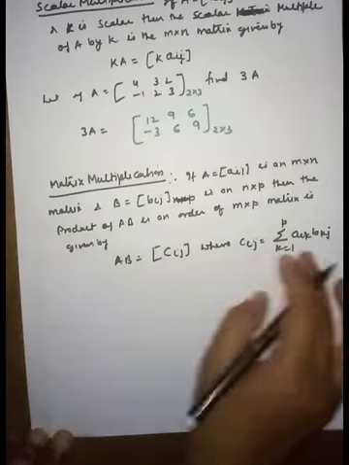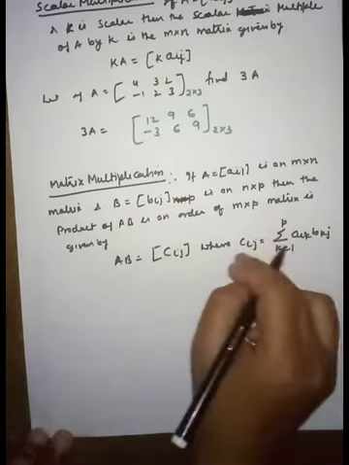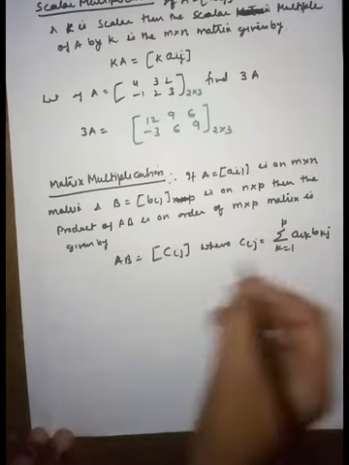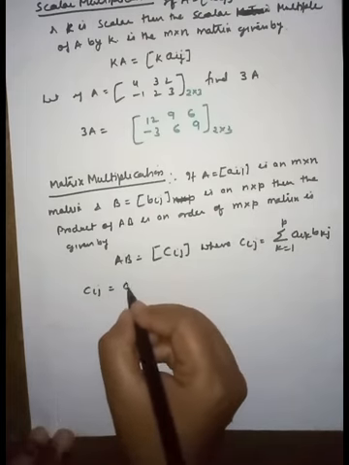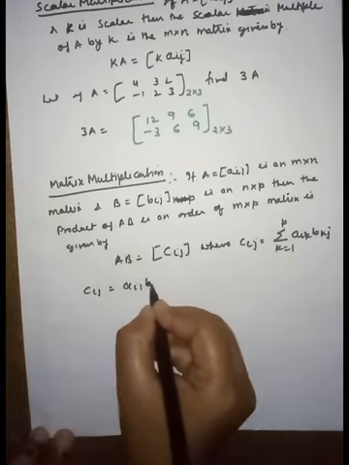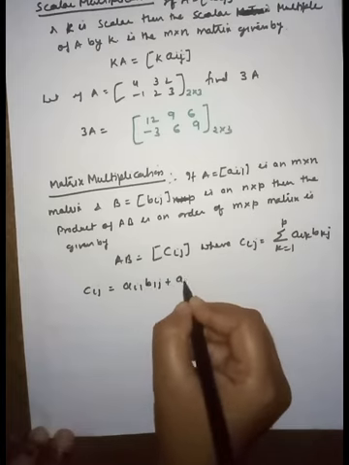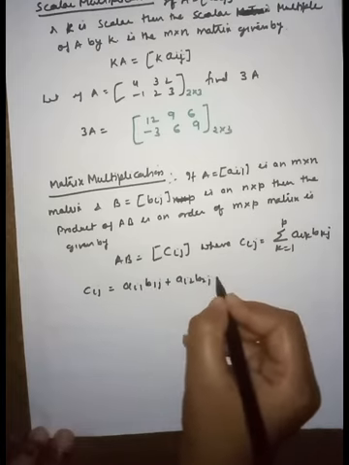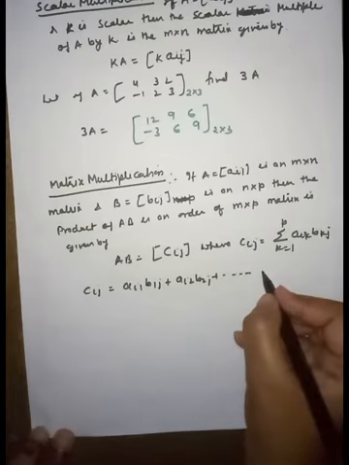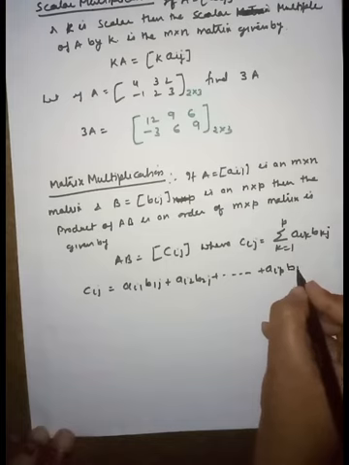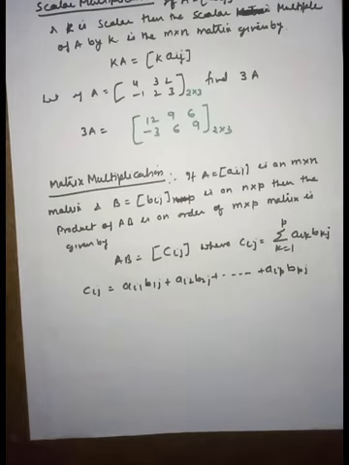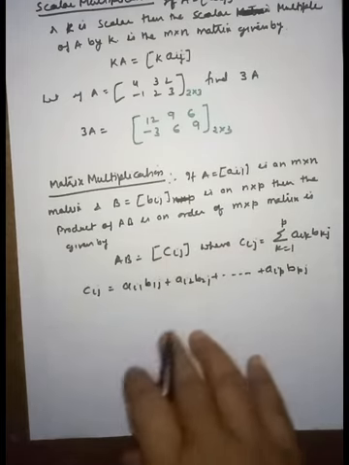Or if you want to write out the expression, this value comes: Cij equal to ai1 b1j plus ai2 b2j and so on up to ain bnj. So what do you mean by this, friends?